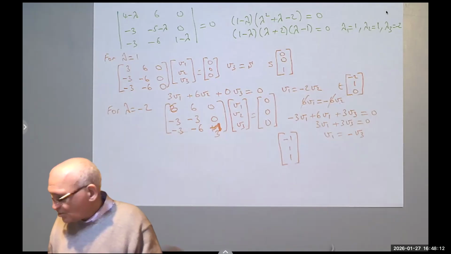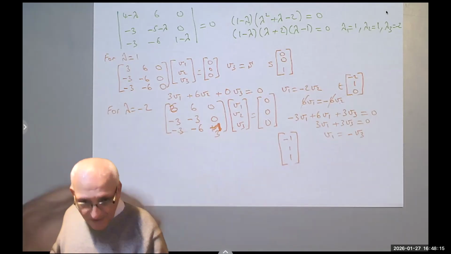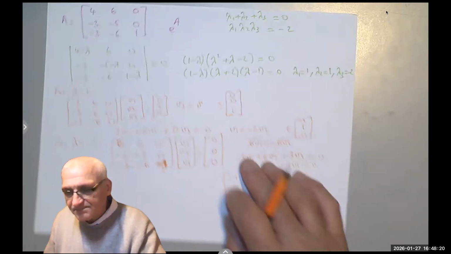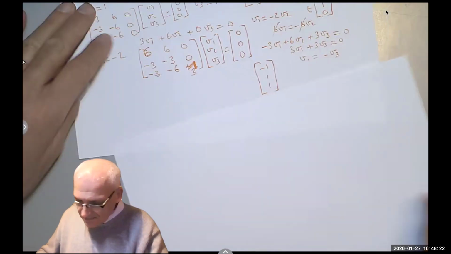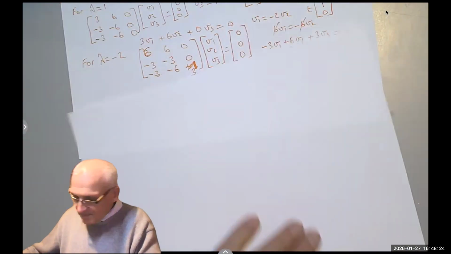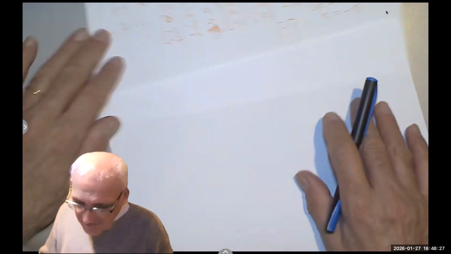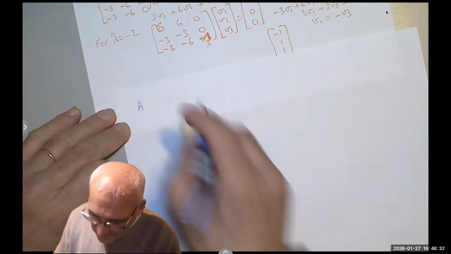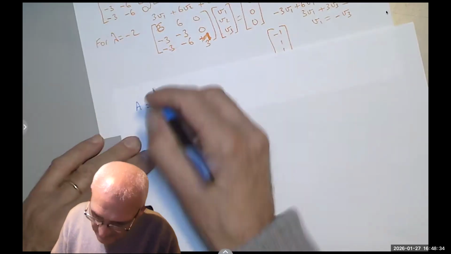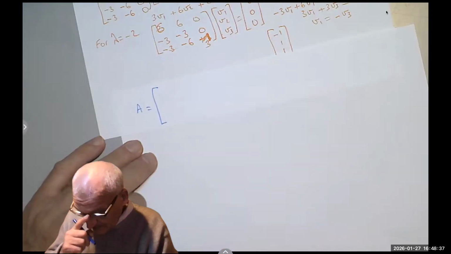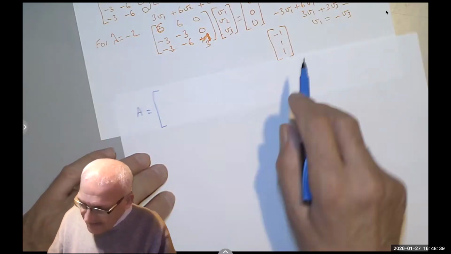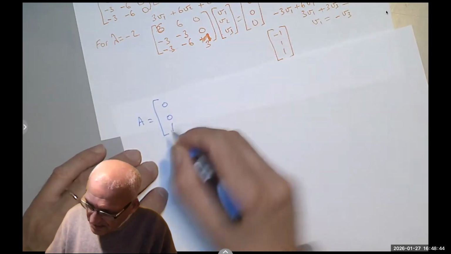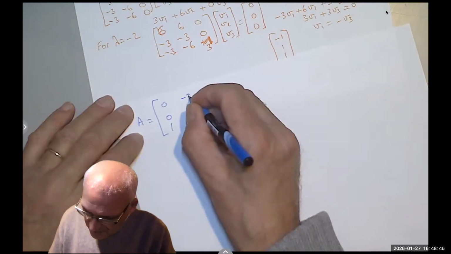Okay, so now let's pick maybe the back of the first page, and represent the matrix A as, first, I enter the eigenvectors: 0, 0, 1, negative 2.